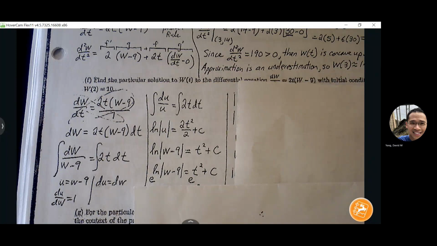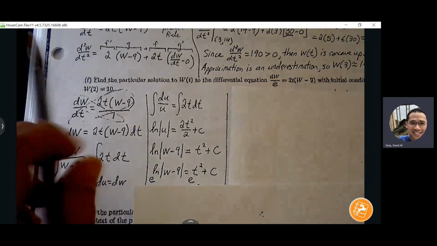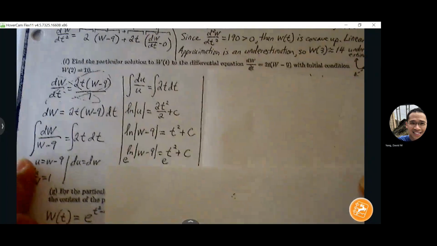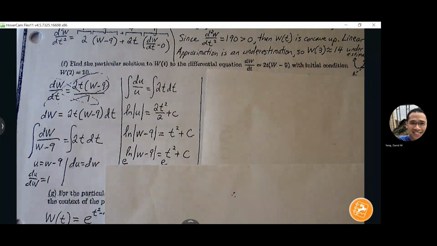Solve for c using the ordered pair that they gave us here. Okay, e and natural log goes away. e to the t squared plus c, we can split up as e to the t squared times e to the c.